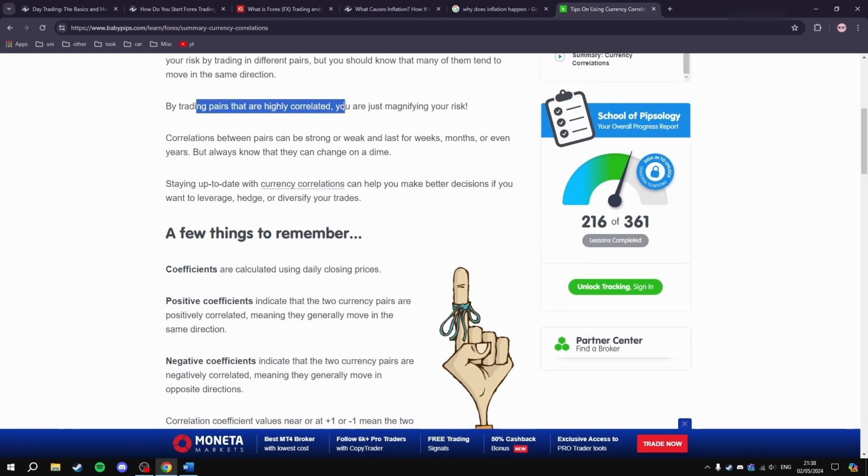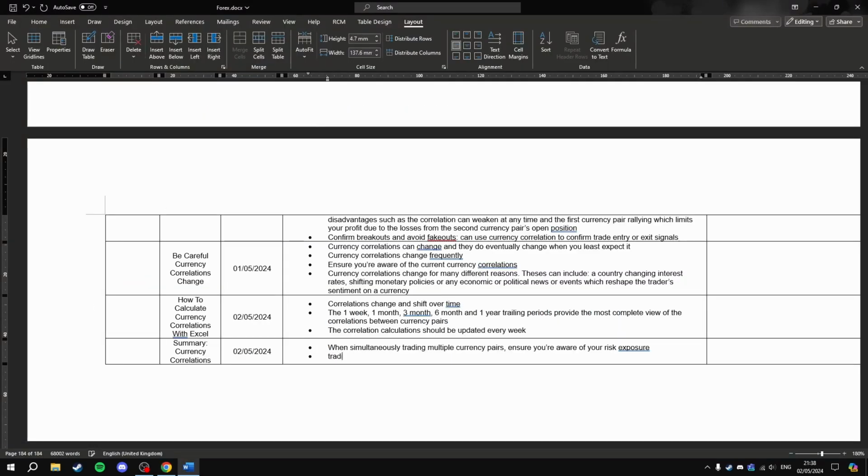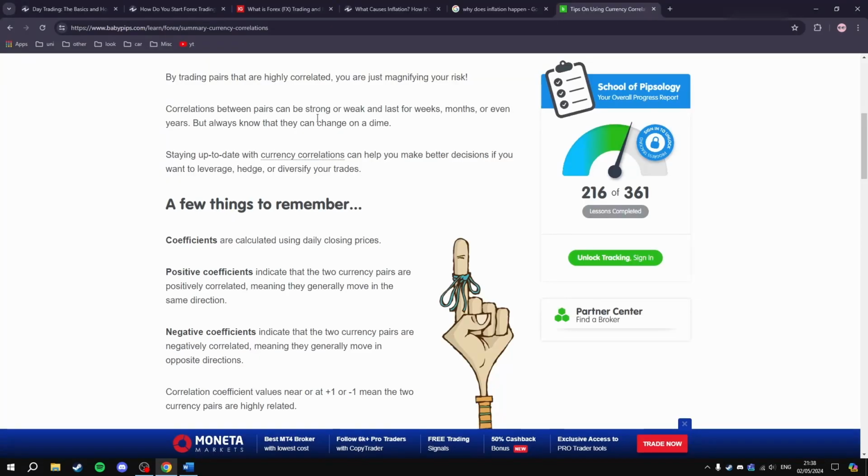Trading highly correlated pairs can magnify your risk.